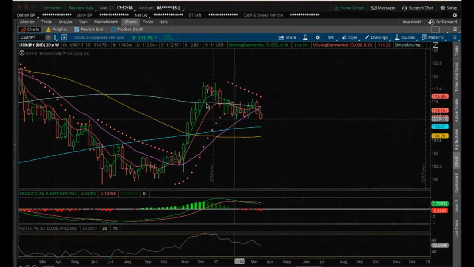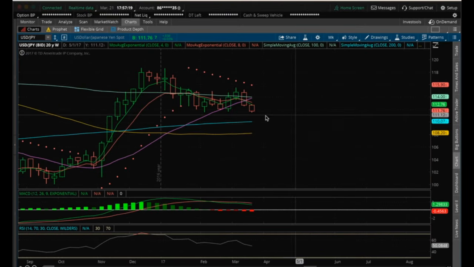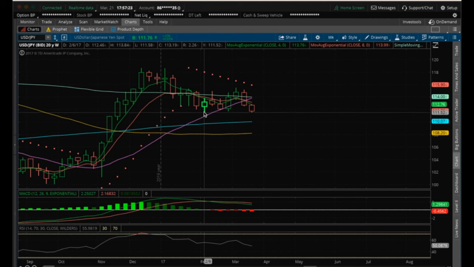what we're seeing here is that when we pulled back previously, we had this pullback here to the low of 111.58, then we bounced there and then set another low here of 111.68.